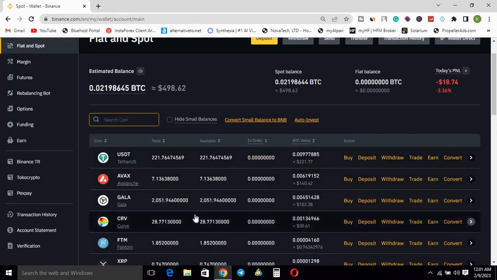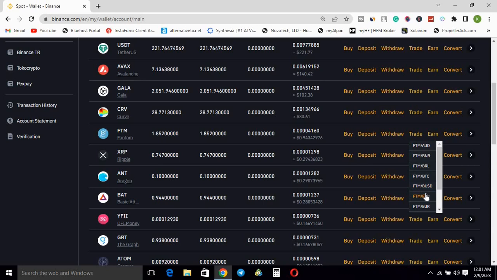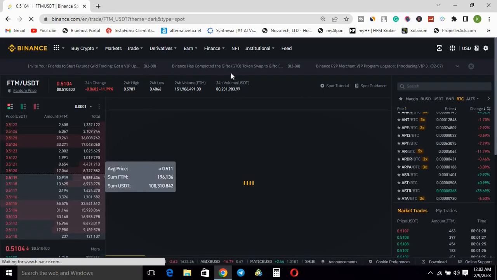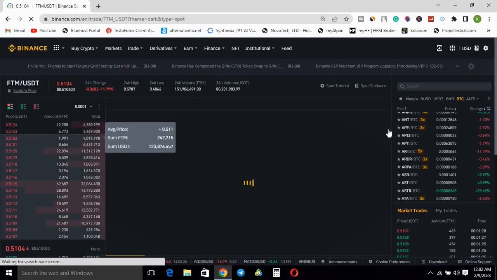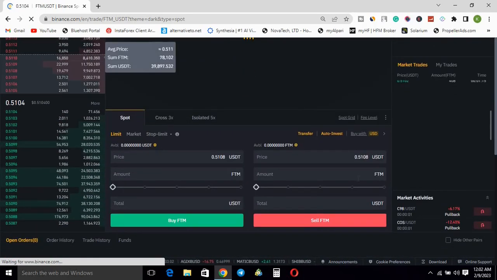Once you find the coin, for example FTM, you come here to the trade section and tap on trade. Then you look for FTM USDT and tap on it. This spot trading window should open up where you can go ahead and place your trade just like we said.